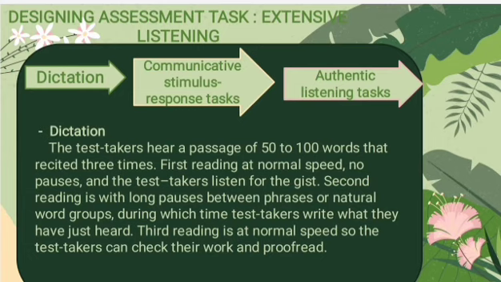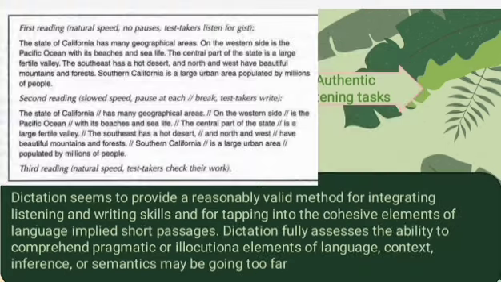Third, it is read at normal speed, so the test takers can check their work and proofread. Okay, this slide is an example about dictation. As I said before, the test taker will hear a passage of 50 to 100 words that is recited 3 times.